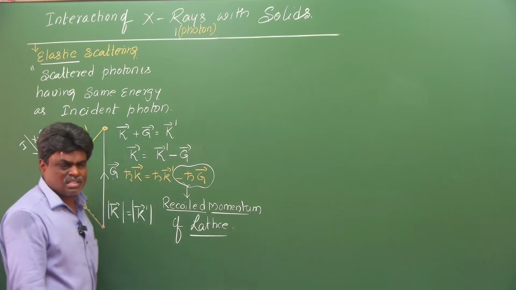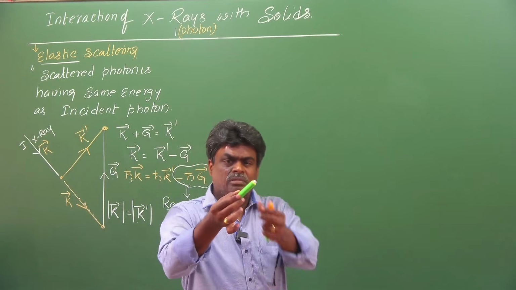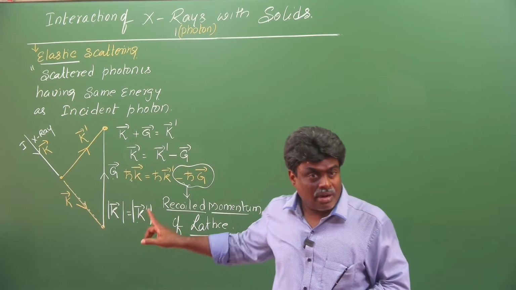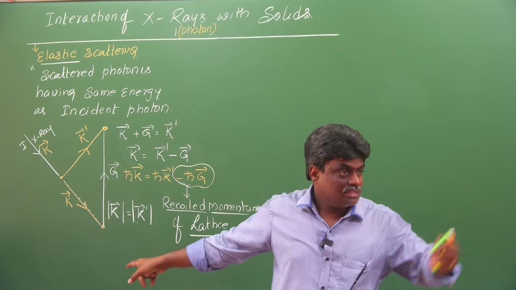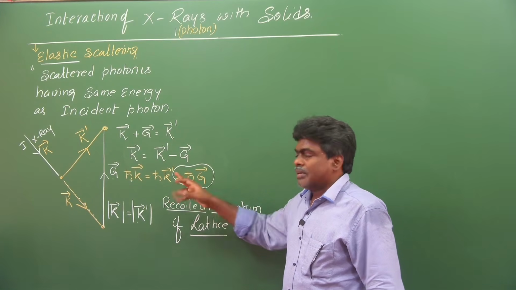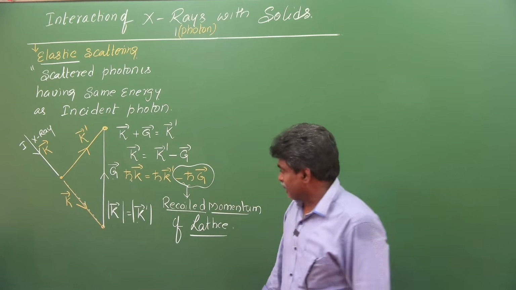We have already discussed this earlier also. Hydrogen atom, when it is emitting a photon, then it will be what? Recoiled. In the same way, our lattice also will be recoiled. That recoiled momentum is equal to that; the minus means going back or something like that. Good.